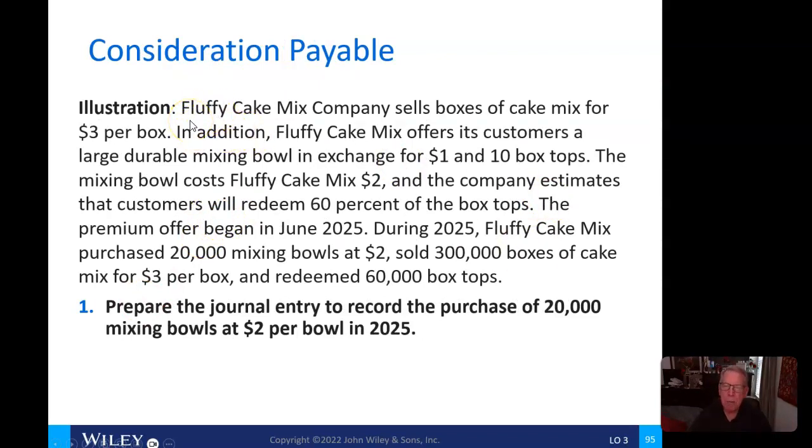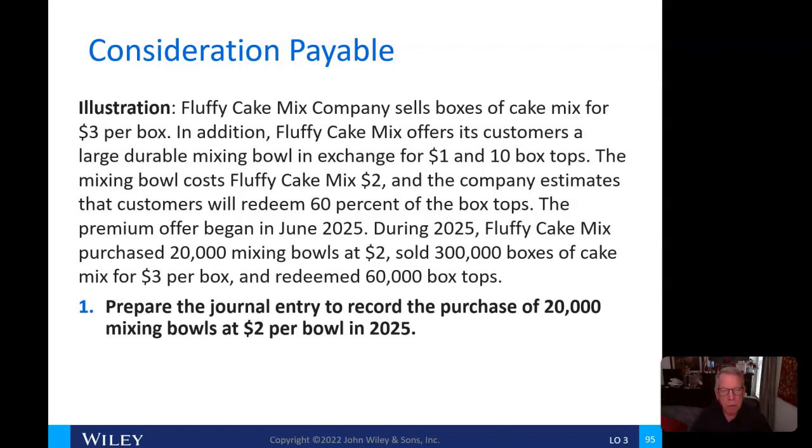Fluffy Cake Mix Company sells boxes of cake mix for $3 a box. In addition, Fluffy Cake Mix offers its customers a large, durable mixing bowl in exchange for $1 and 10 box tops. The mixing bowl costs Fluffy Cake Mix $2, and the company estimates that customers will redeem 60% of the box tops.